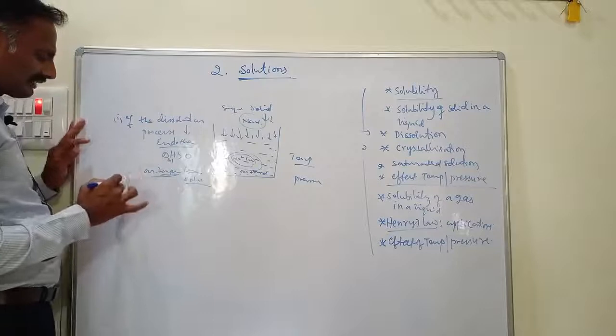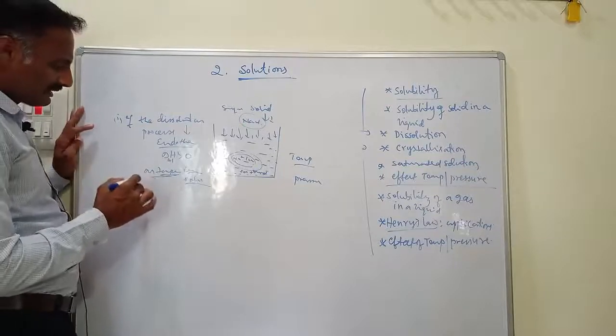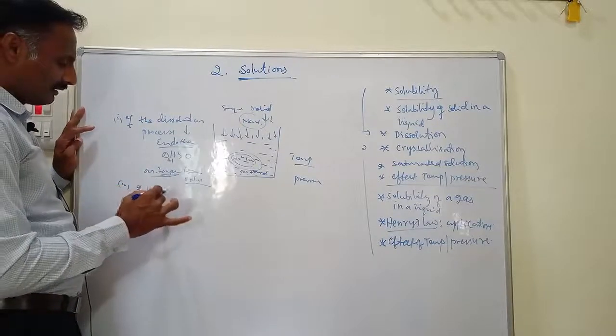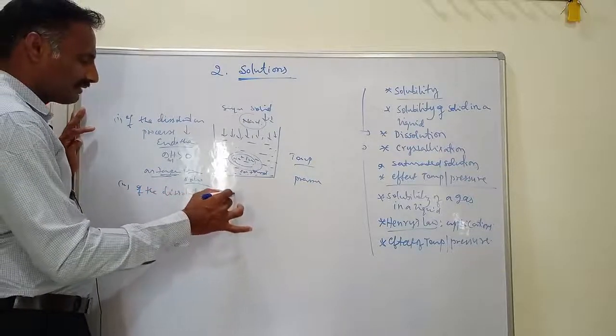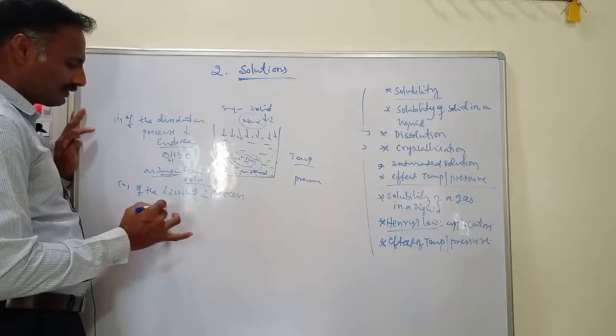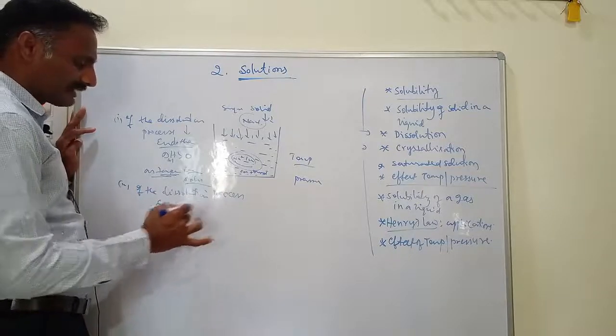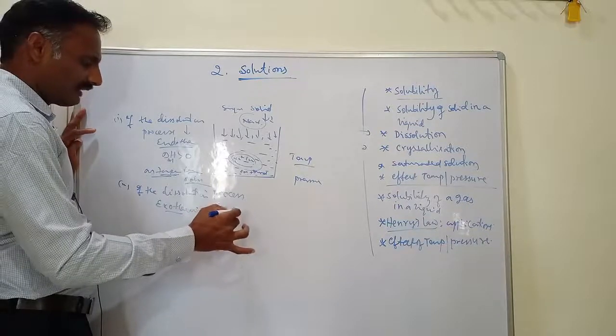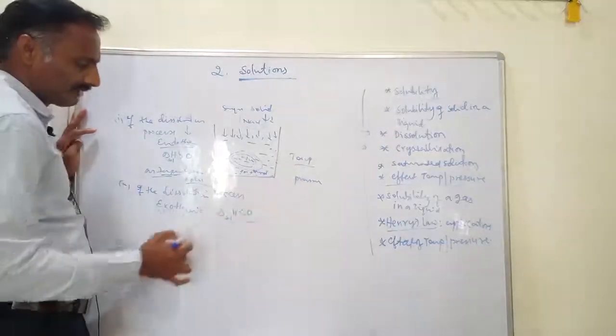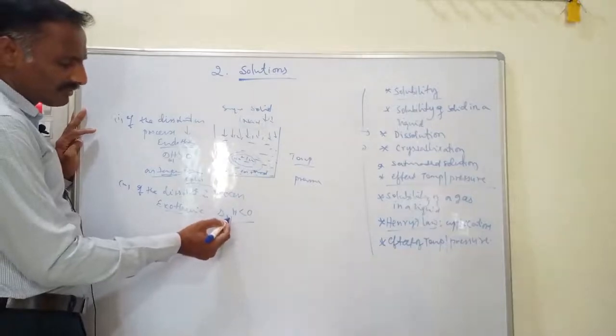In the second case, if the dissolution process is exothermic in nature. Exothermic means delta solution H value is less than 0. That is, heat is evolved from the solution.